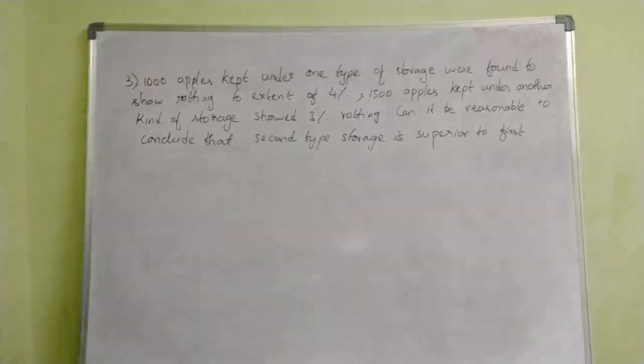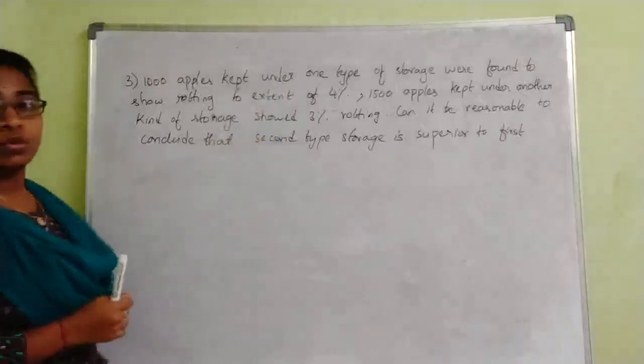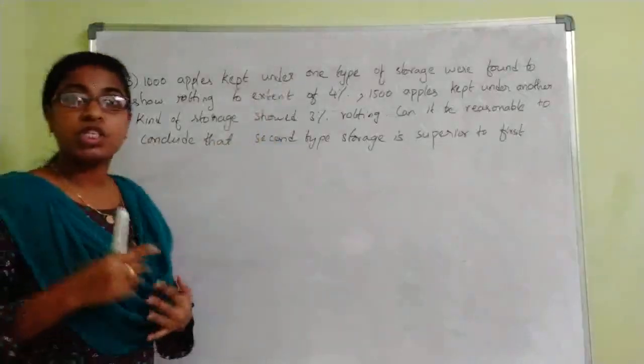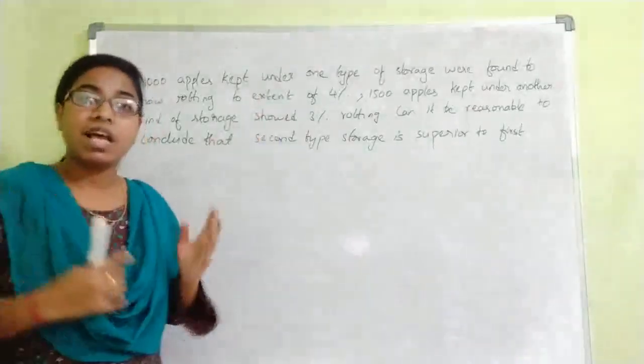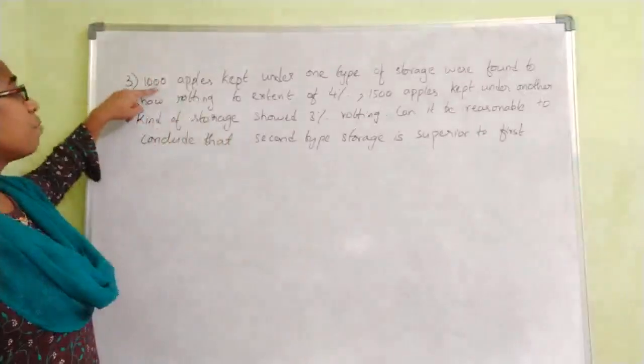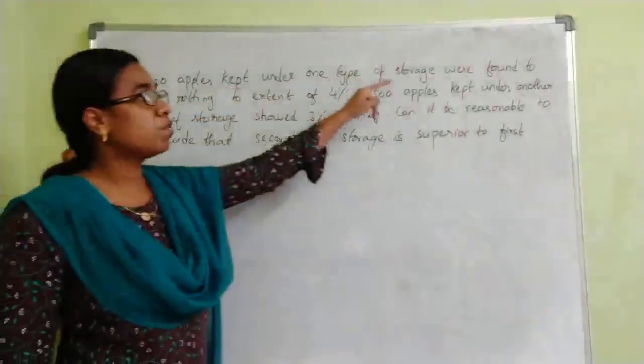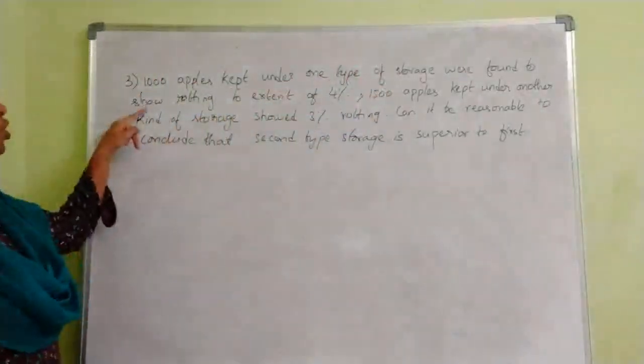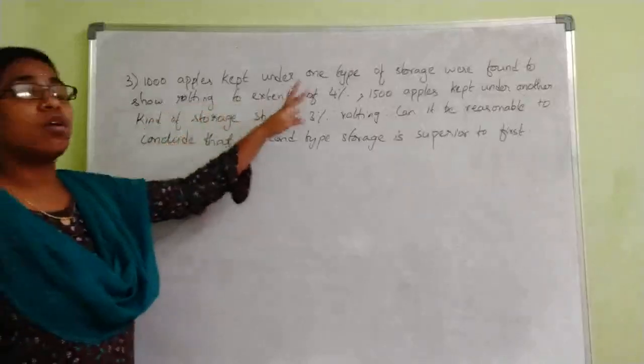Third question. This third question, you do it as homework. So read the question. 1000 apples kept under one type of storage. So this is about the storage of the apples. The apples are stored under two different conditions. 1000 apples were kept under one type of storage and were found to show rotting to the extent of 4%.